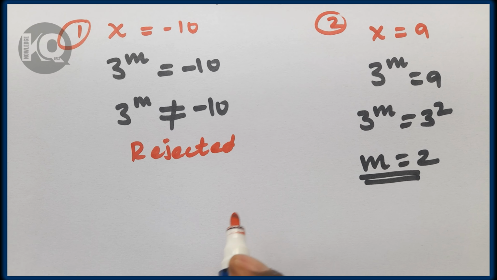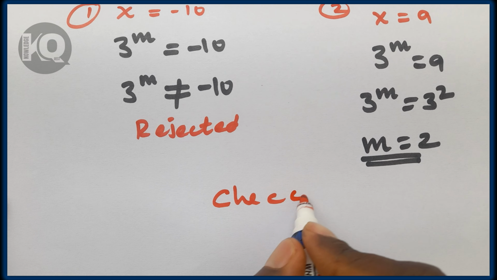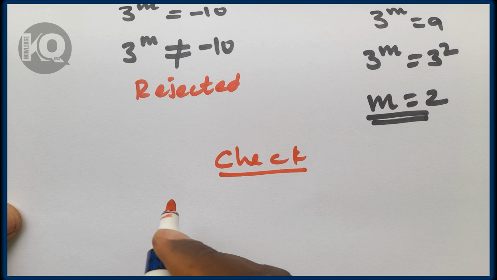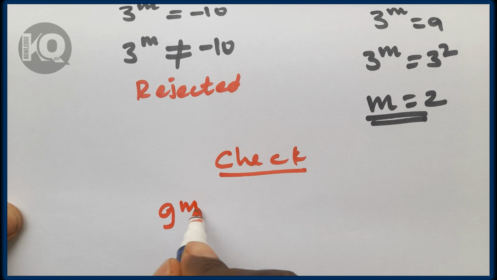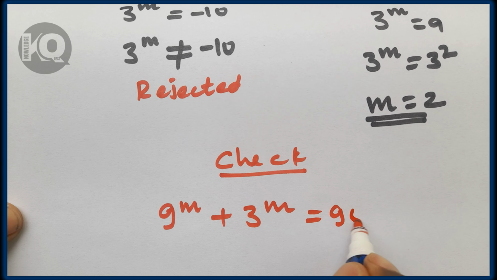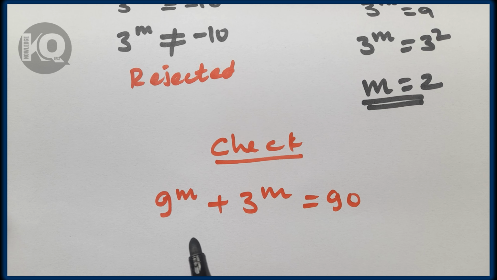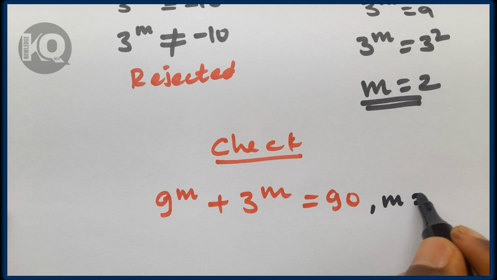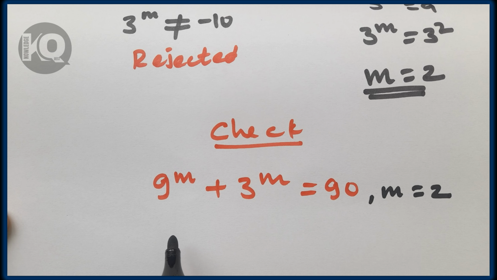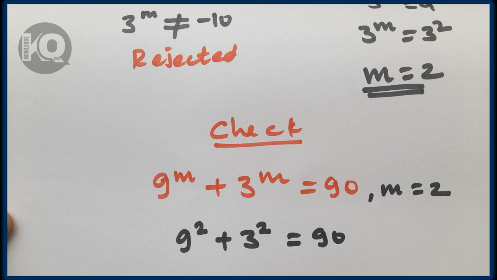So let's check it. We have the equation 9 to the power of m plus 3 to the power of m, which is equal to 90. With m equal to 2, 9 to the power of 2 plus 3 to the power of 2 is equal to 90.